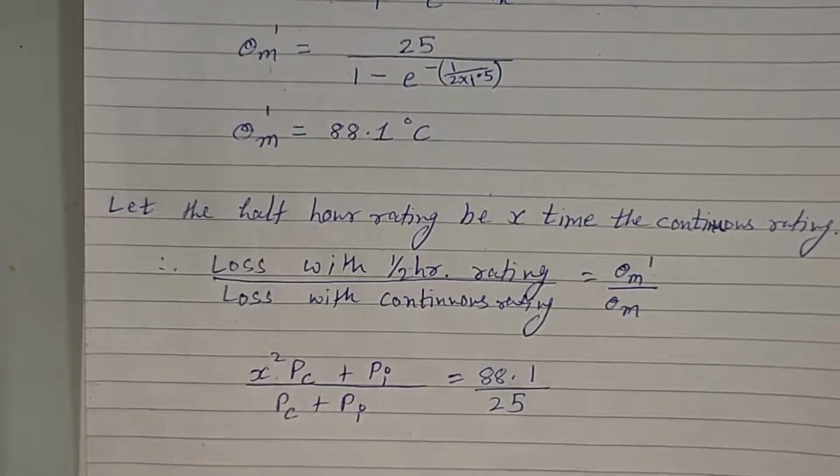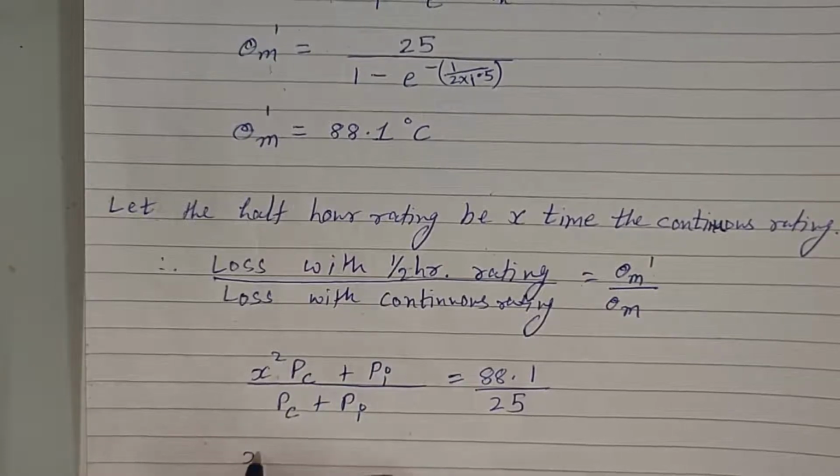On simplifying this further, now there are two unknowns that we have, Pi and Pc, but we know the relation between Pi and Pc, so we can substitute Pc in terms of Pi.